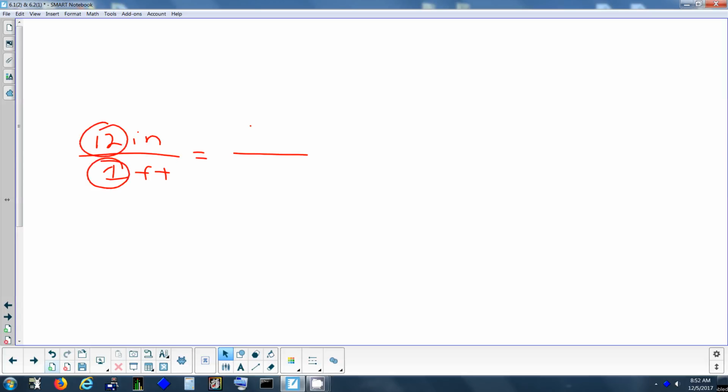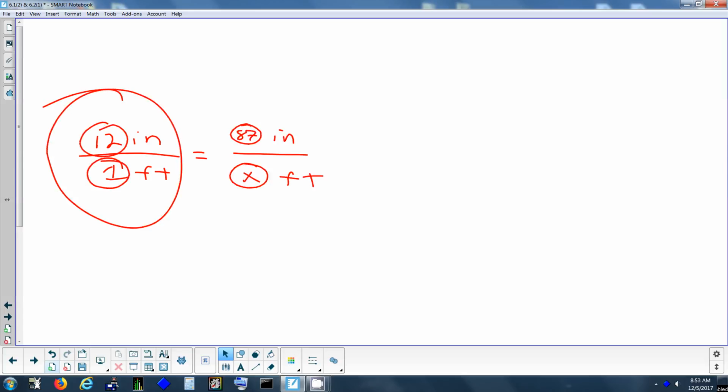So are there only certain numbers I could put here and here? No. Just because he used a 12 and a 1, that doesn't limit what you can use on the other side. This is just a starting point that helps you to figure out what you want to know. So now you could put anything you want, 87 inches, x feet. But the key is you have to have something you already know to start with.